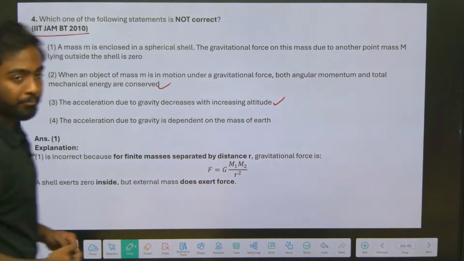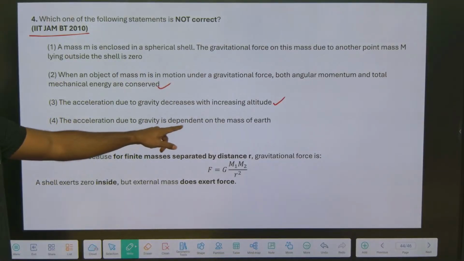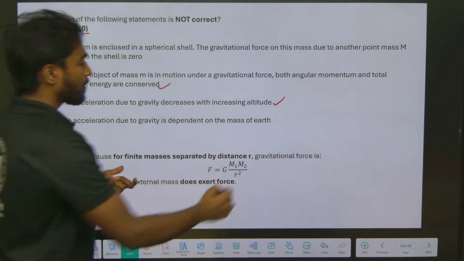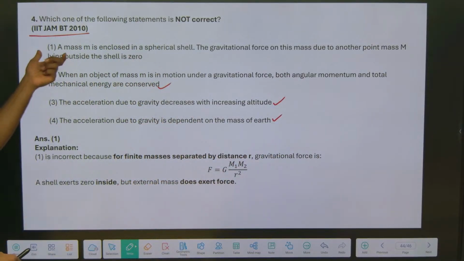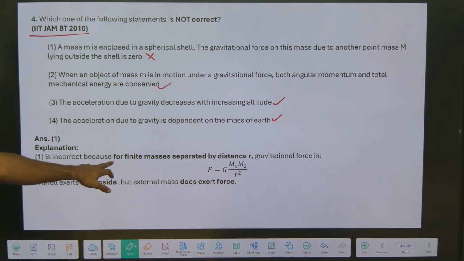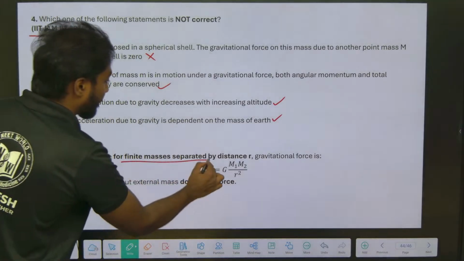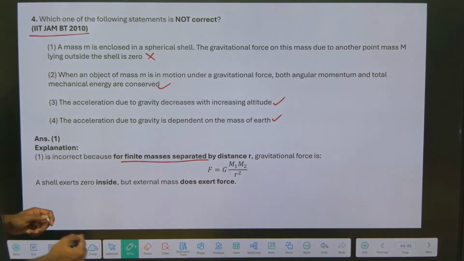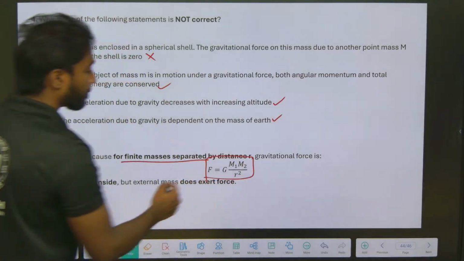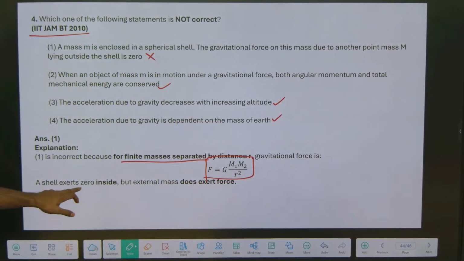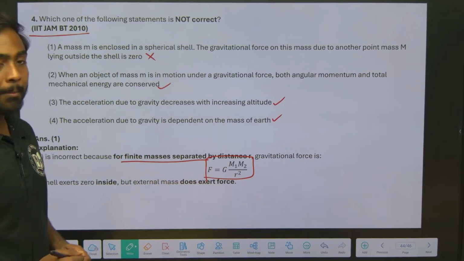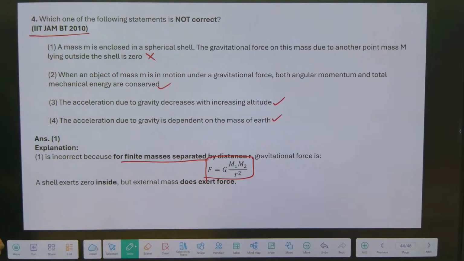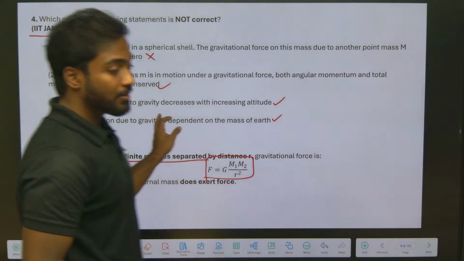Yes, obviously. The acceleration due to gravity depends on the mass of the Earth. It's not the same for all planets. So the first option is not correct, because for finite masses separated by a distance, the gravitational force is F = GMm/r². A shell exerts 0 inside, but for an external mass the force will be F = GMm/r².